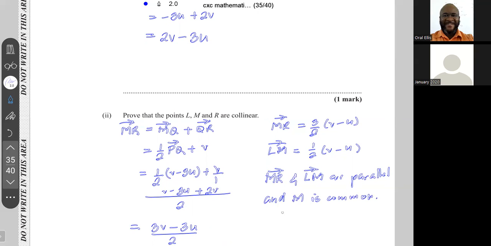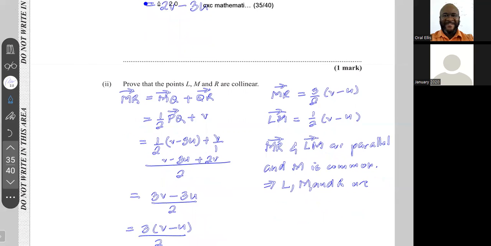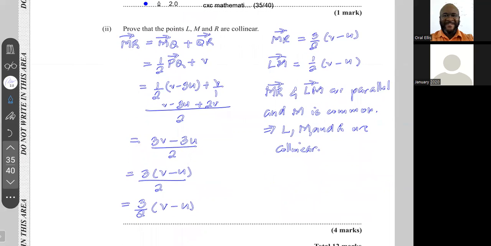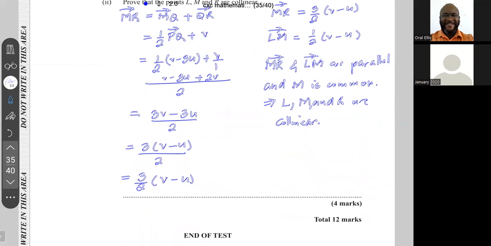Therefore, L, M, and R are collinear. All right, and the word collinear there means they are in the same straight line. That's the end of the question.